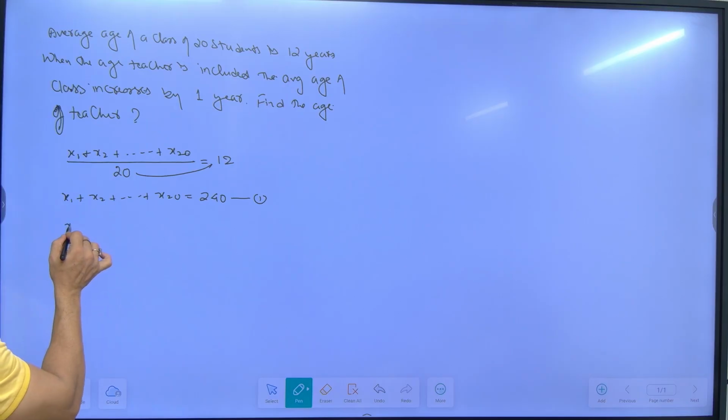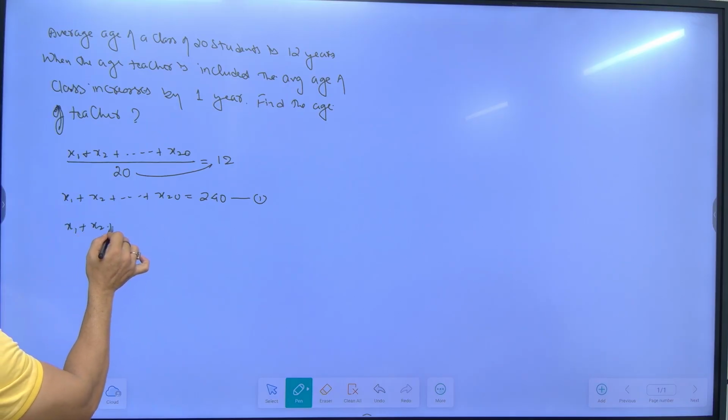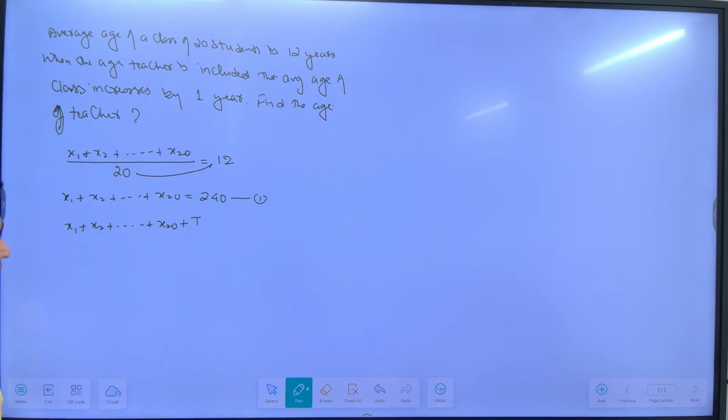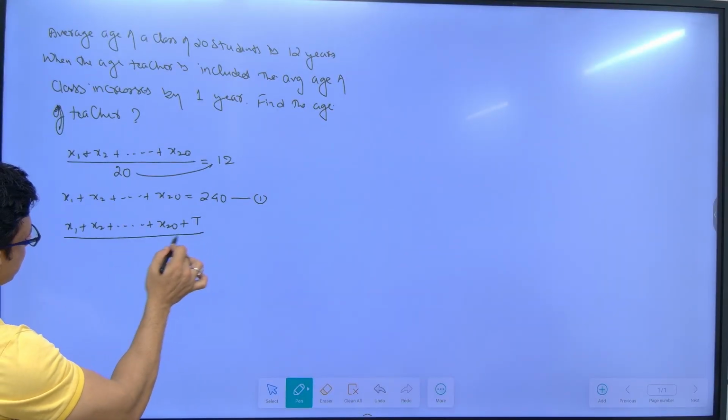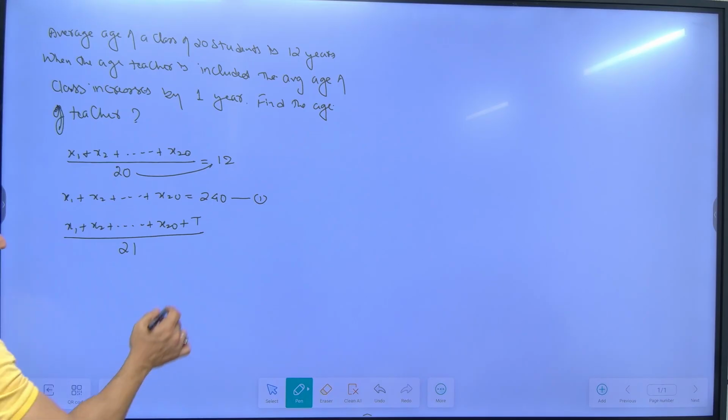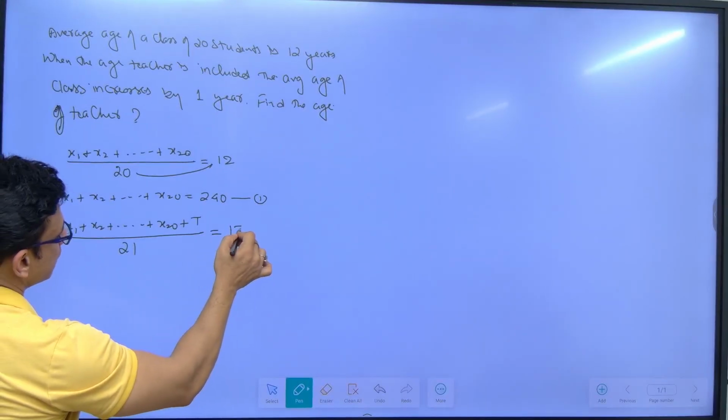Now when you include the age of the teacher, initially there were 20 students, now there is a teacher. How many people are there? Divide by 21, and this will give you the new average, which is 1 more, equal to 13.